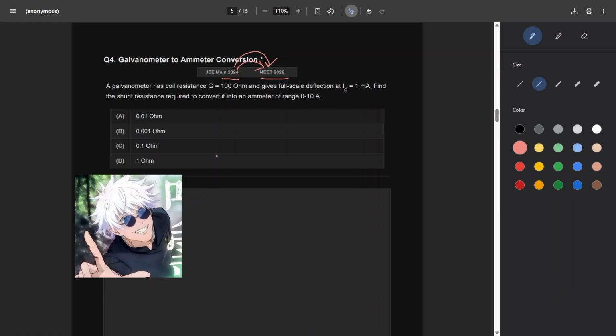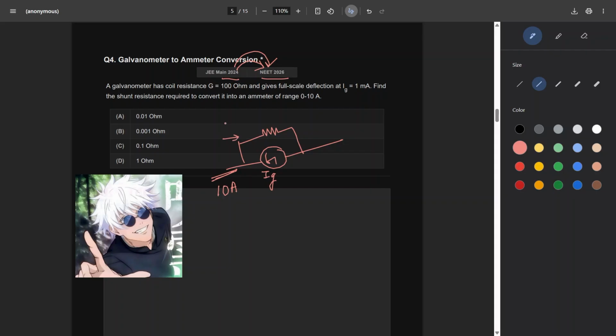So what can we do? We can just take the galvanometer and shunt it to make it an ammeter, right? We have the current coming in as 1 ampere, sorry, 10 ampere, right? गैल्वेनोमीटर को जो हम शंट करते हैं, we take the current, let's say this is I, this is IG, right?